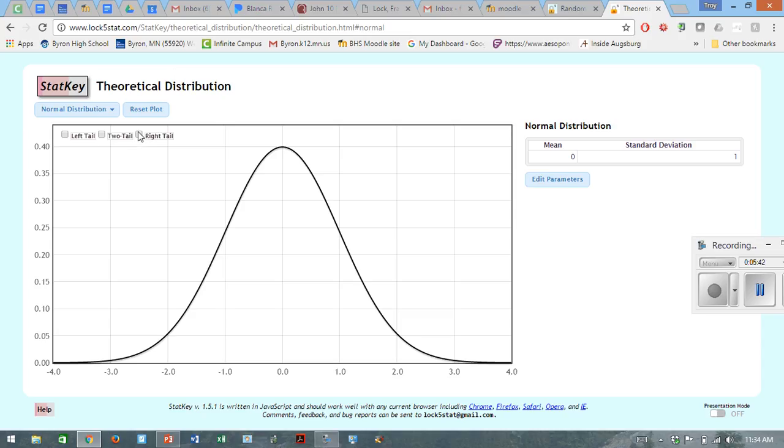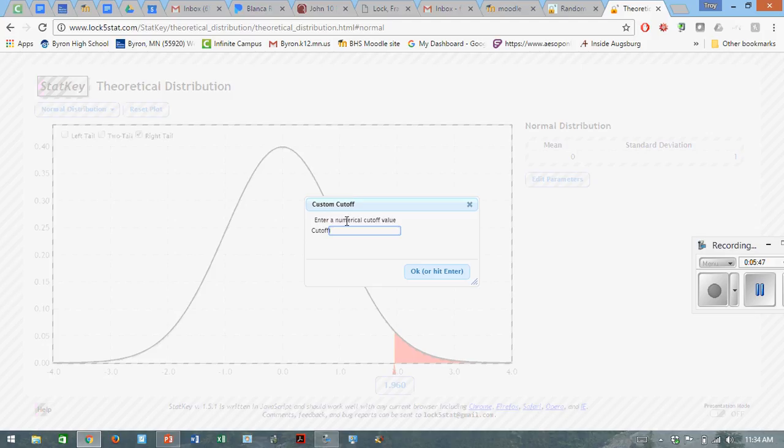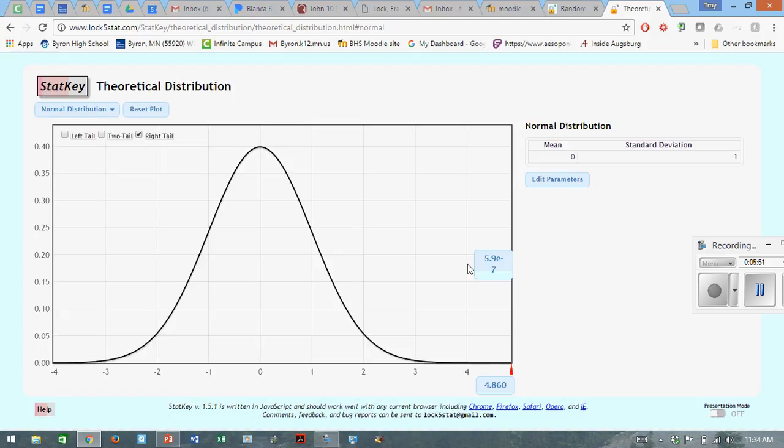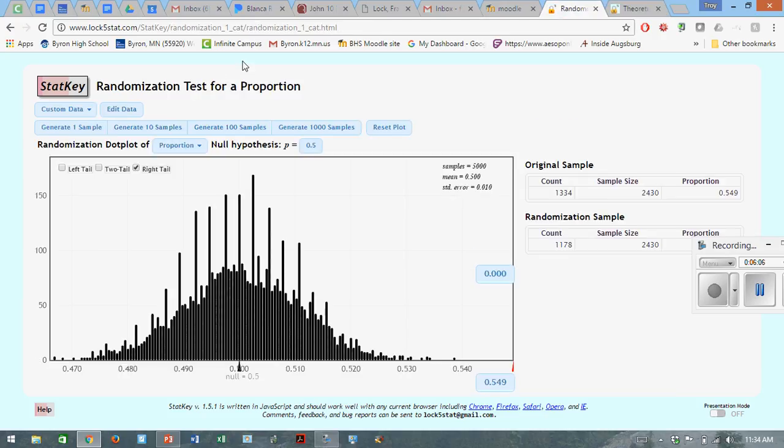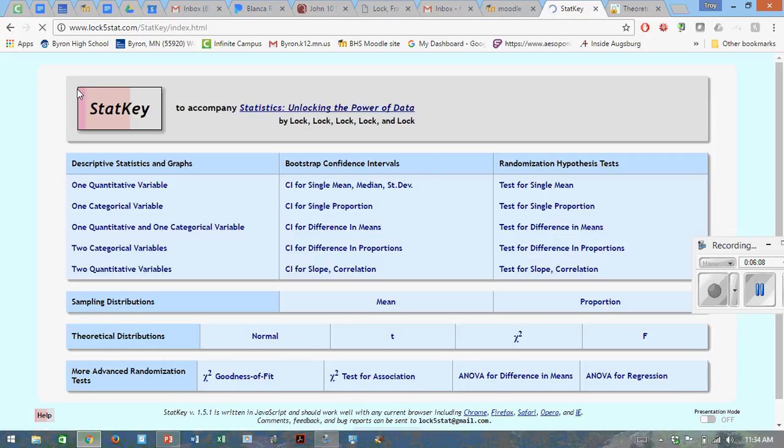We'll go right tail. We'll go ahead and put in our test statistic, which was 4.86. And you'll notice we get that p-value being really close to 0 because it's a negative 7 here. So we have to move our decimal point 7 spots to the left, which gives us 0, 6 zeros and then 62. Now, if we're doing this over here, we would do our hypothesis test, single proportion.